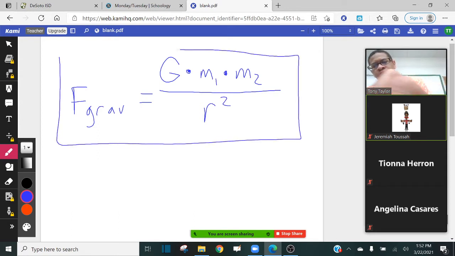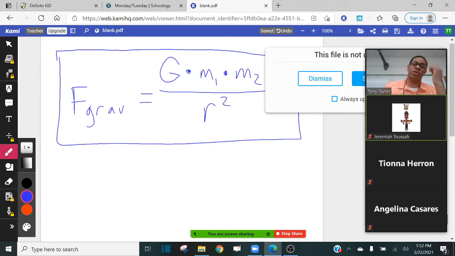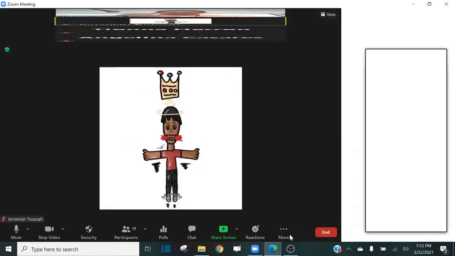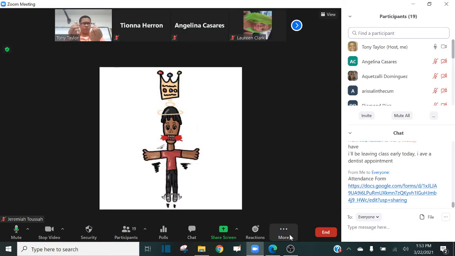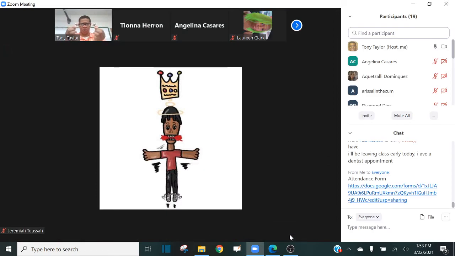Okay. So remember we talked about this equation before spring break. And remember I said that if you have any two masses, what this equation tells us is that if you take those two masses and place them next to each other, there's going to be a gravitational force of attraction between those two masses.